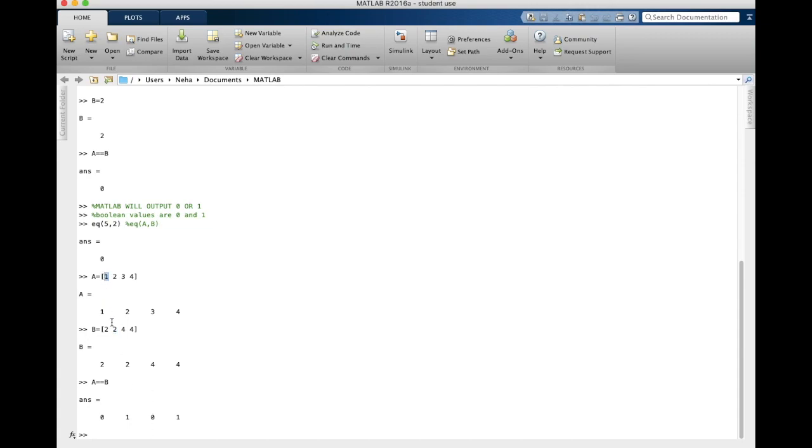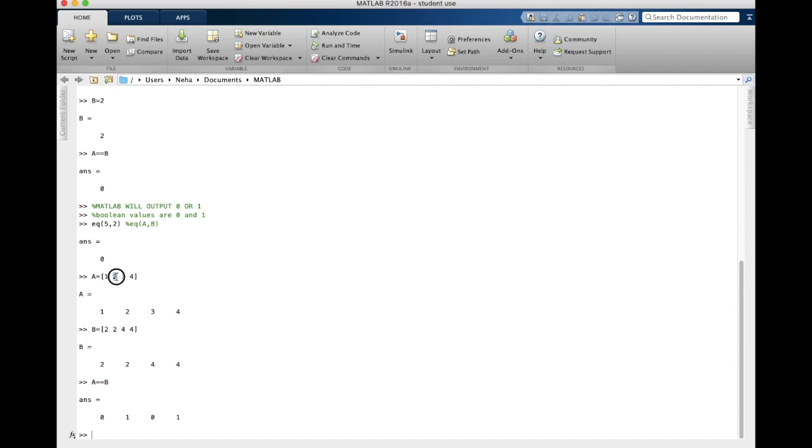Let's check the first positions. The first position in the set of numbers for A is 1, and the first position in the set of numbers for B is 2. 1 does not equal 2, so that's false. So MATLAB will give you a 0 in this first position when you type in A equals B. Then we check the second number.